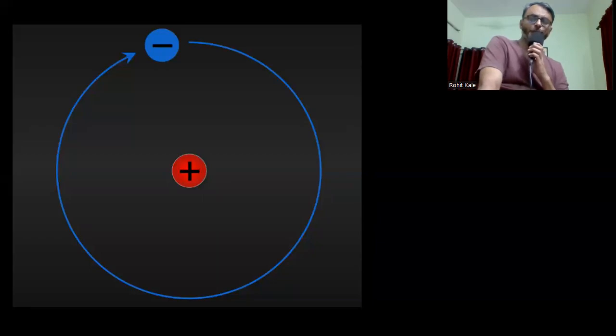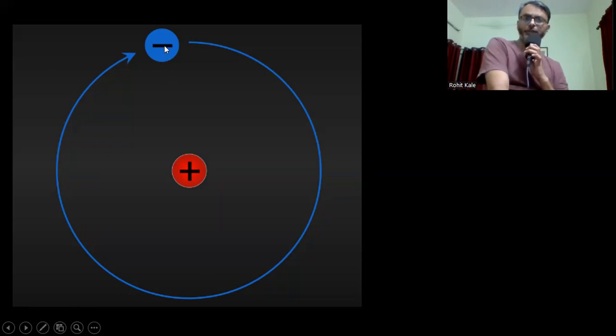Now there are other questions, like this is a hydrogen atom. We know that protons and electrons keep getting attracted towards each other. So this is an electron, and this is a proton. The proton is positively charged. So what we know is that this electron should keep falling down, but as soon as it reaches the innermost allowable atomic orbital, it stops.